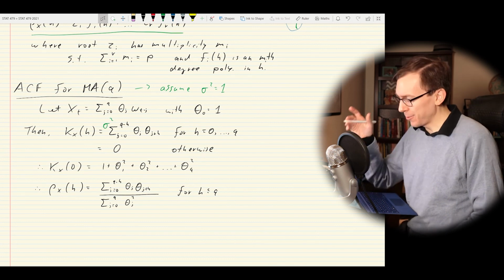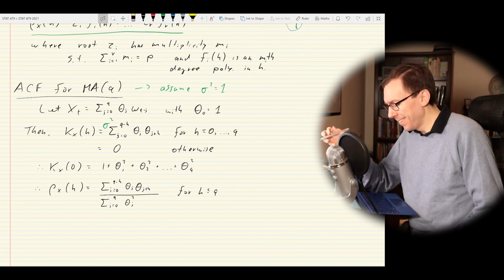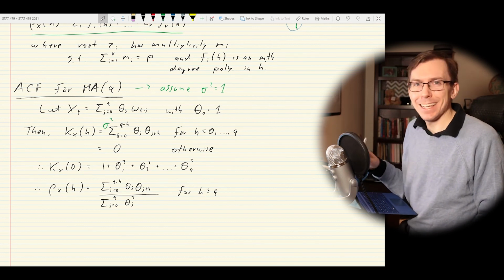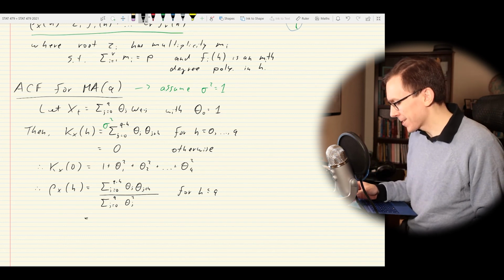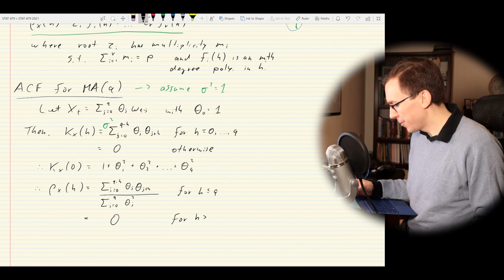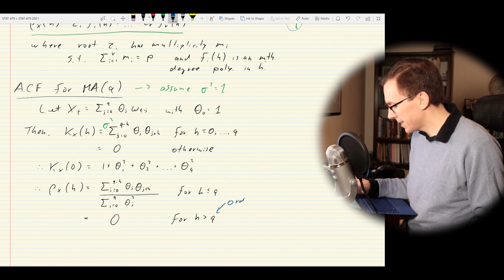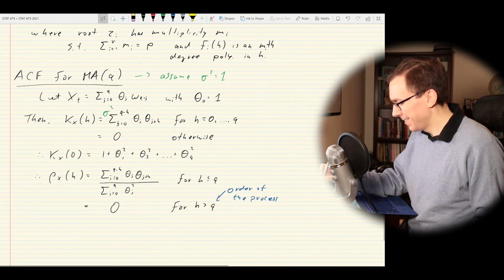So what can we learn about this? Well, in some sense, the equation that I wrote down is not the interesting part. The interesting part is the fact that it's equal to 0 for h greater than q. And q, right, is the order of the process. Hence, what does this mean?